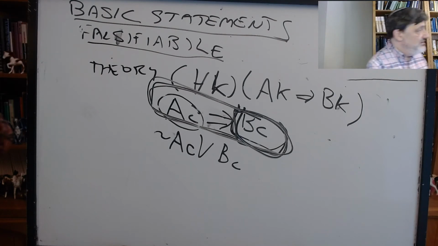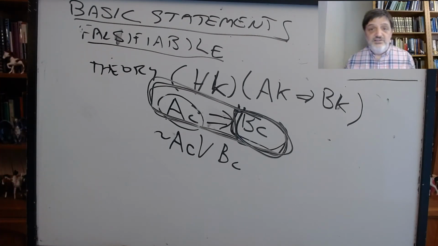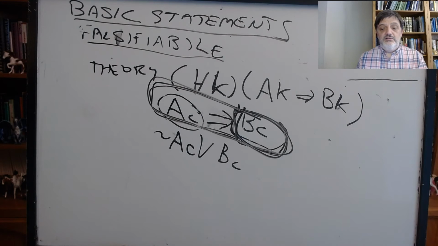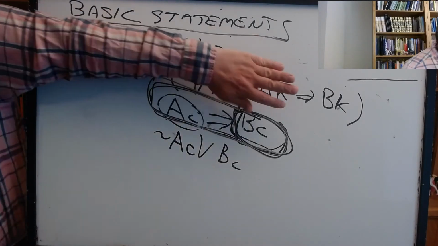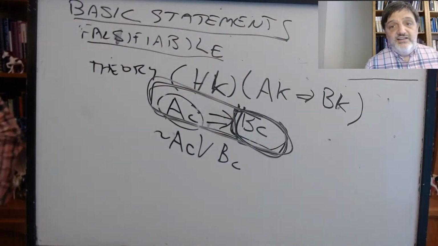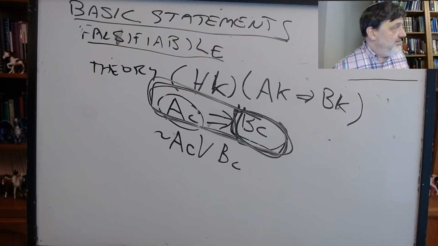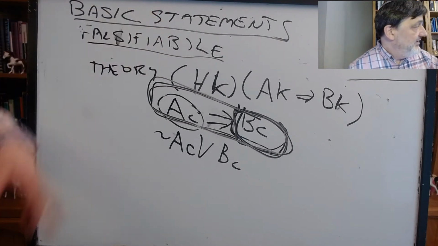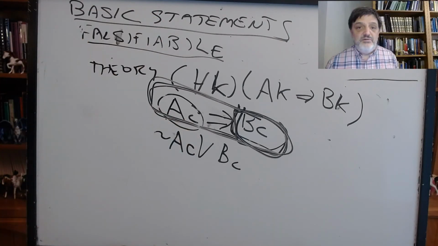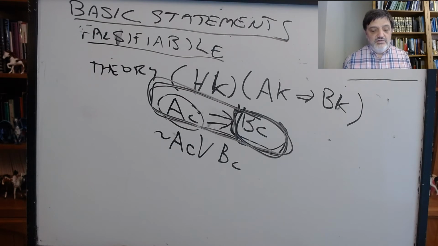But from AC by itself, of course, we can't deduce BC. That is, this thing obviously is not logically valid. These are just two different predicates. And yet, when we add the theory, then we can deduce BC from AC. So the theory enables us to get some consequences out of the initial conditions that we couldn't have got without the theory.